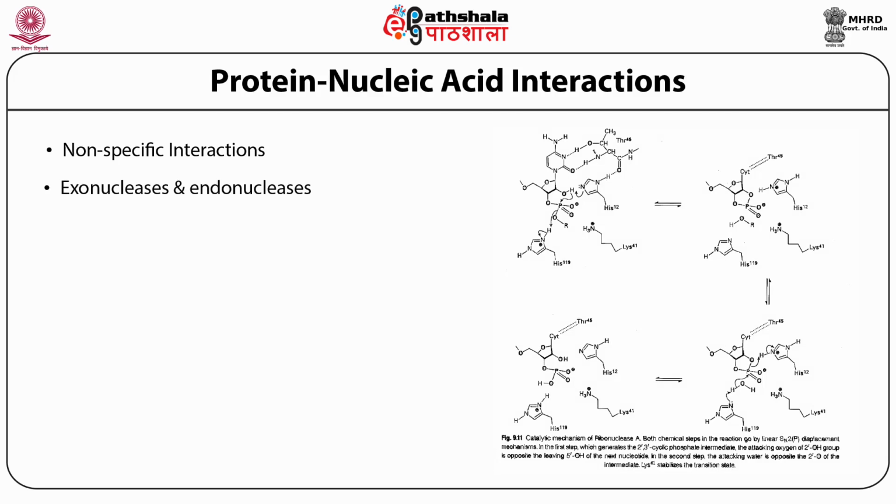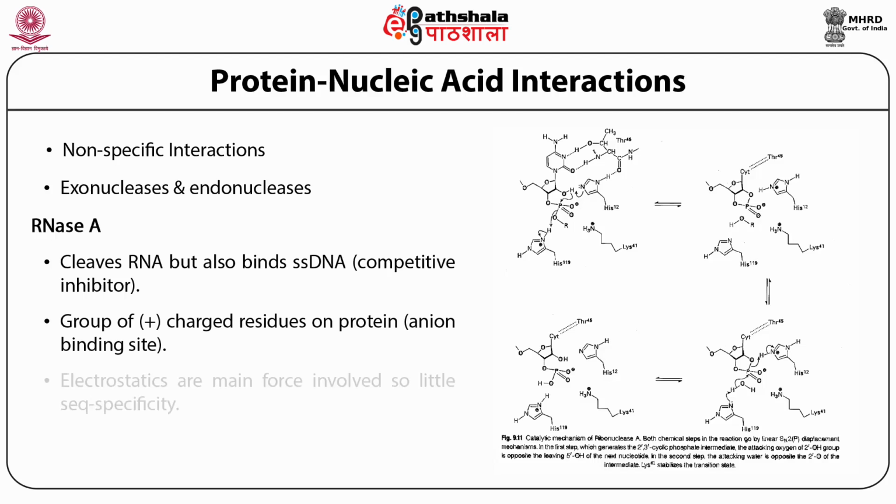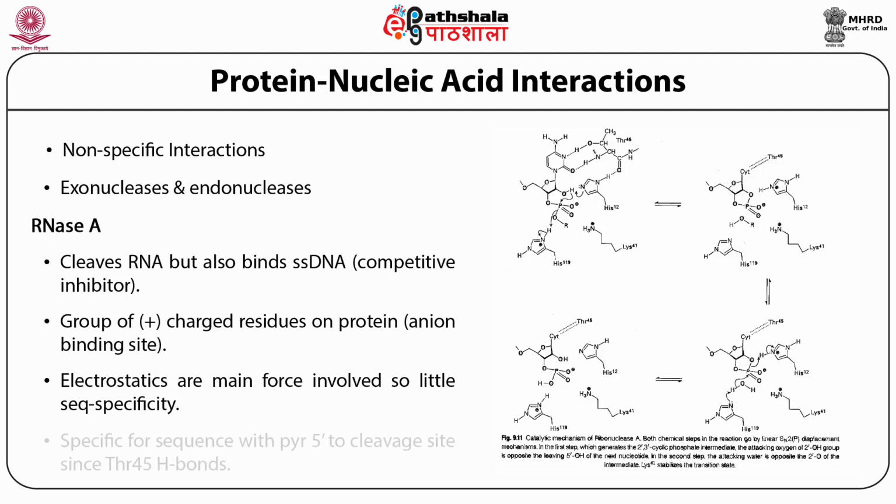Exonuclease and endonuclease RNase A cleaves RNA but also binds single strand DNA, as a competitive inhibitor, with a group of positively charged residues on the protein. Electrostatics are the main force involved, so there is little sequence specificity, with hydrogen bonds.